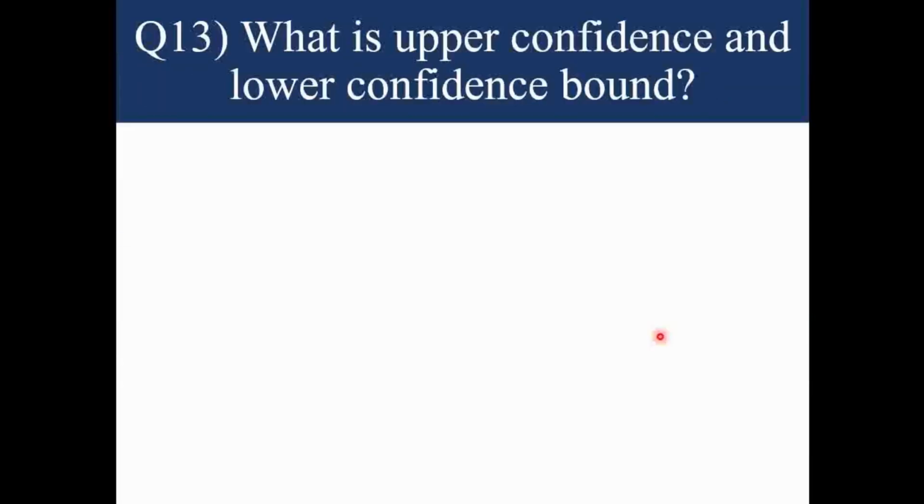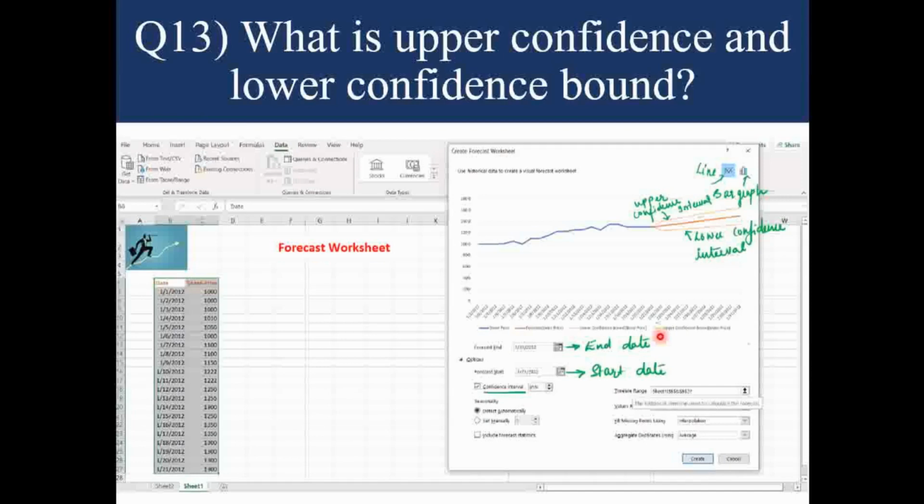The next question: what are the upper confidence bound and lower confidence bound? With the help of the same image, we can understand the upper confidence bound is the thinner orange line present on the upper side of the actual predicted values of the share, and the lower confidence bound is the lower value.